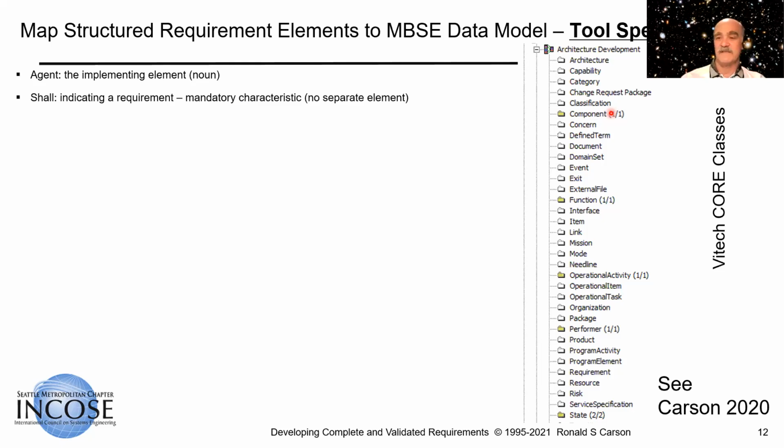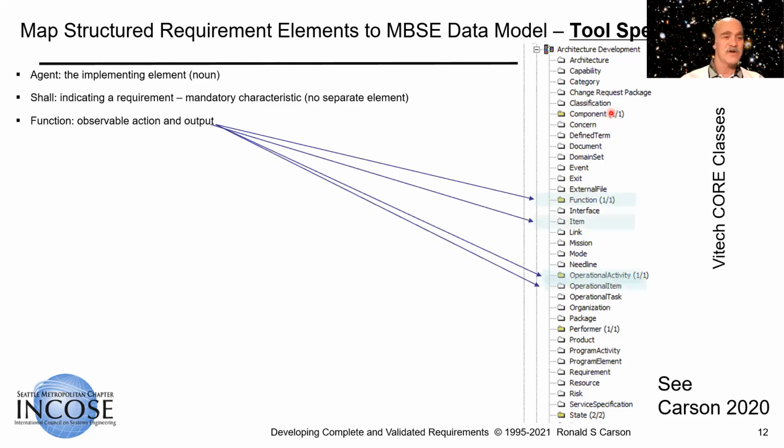So that would be something that you just have to define and insert when you're writing the requirement. Could be shall, could be must. I always tell people, well, put a paragraph up in section 1 of your specification to say what is the mandatory word, and what word indicates a mandatory characteristic? The function, we use 4 different classes, 2 in the operational perspective.